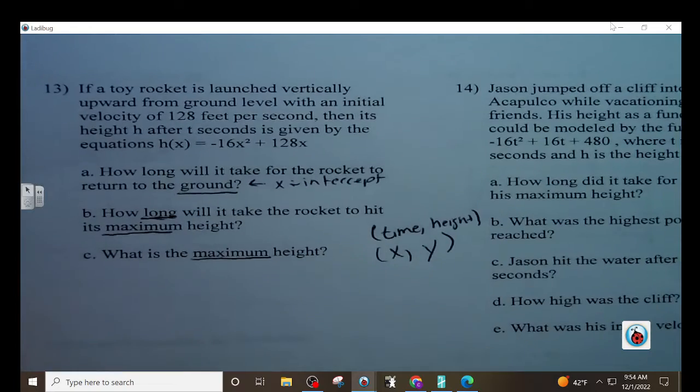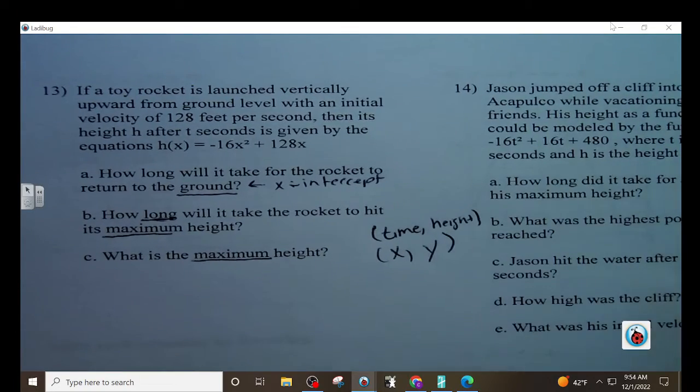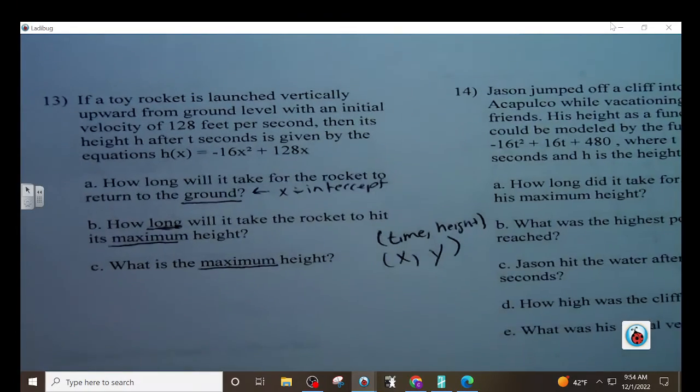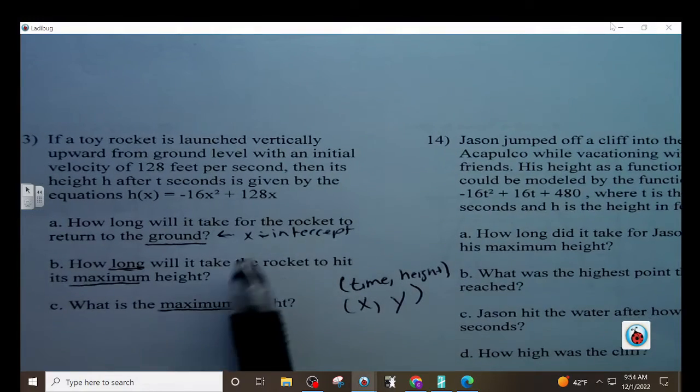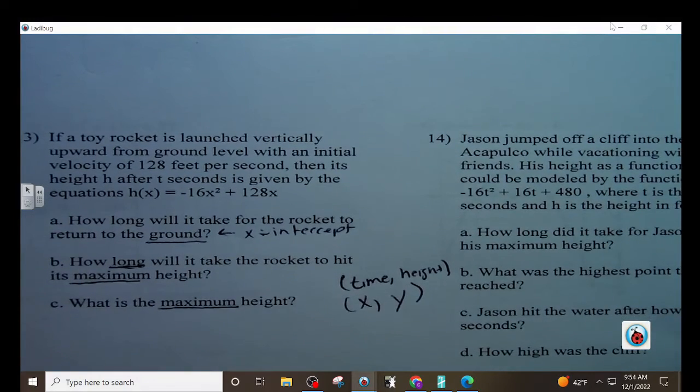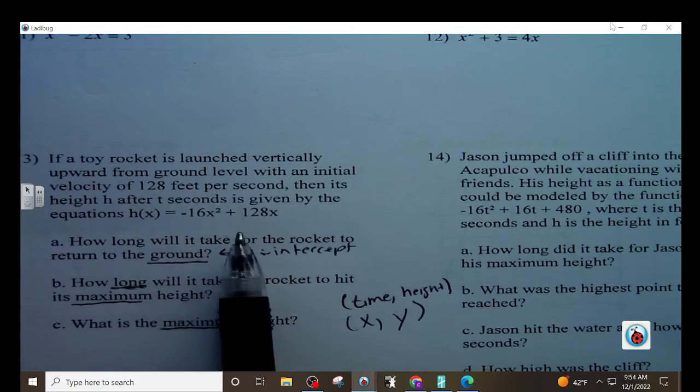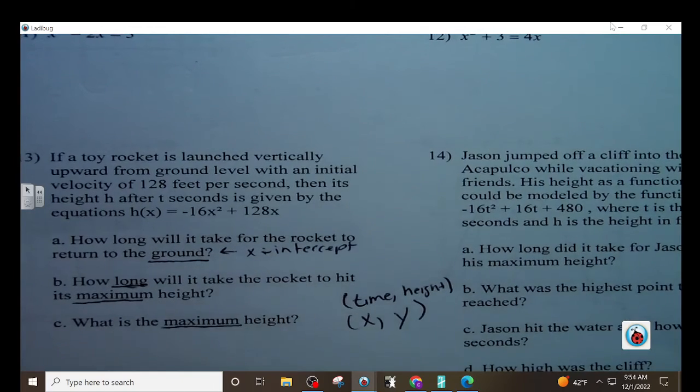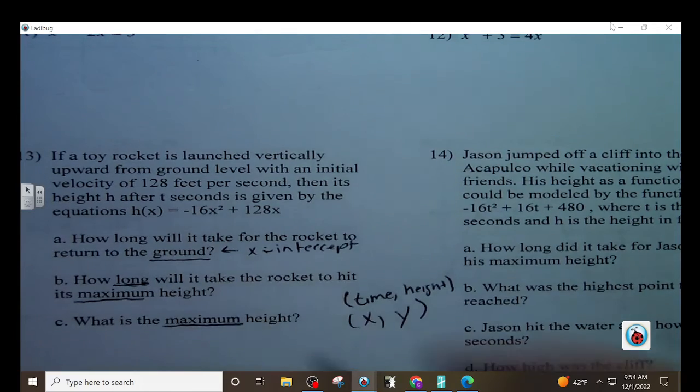Now, guys, looking at this one, because you'll have to answer one like this for 14. Guys, with this being a toy rocket, what was the initial height of the rocket? And how do I find it? 120 feet. What was it? 128. All right, so now let's think about that.